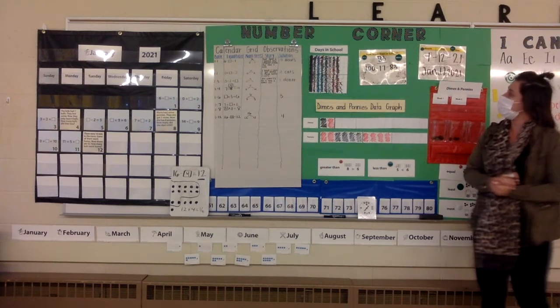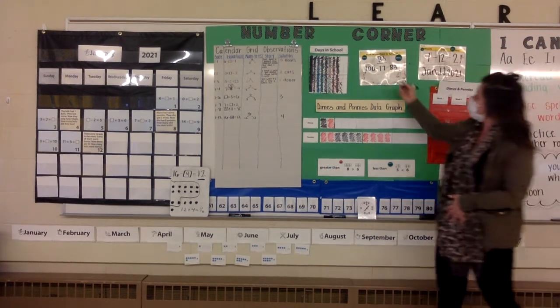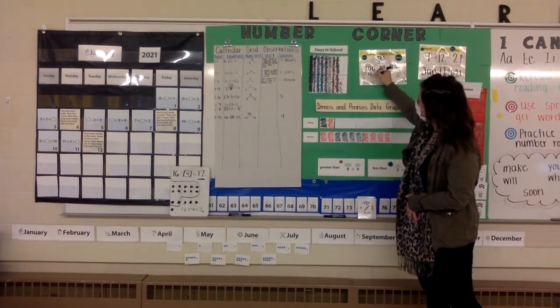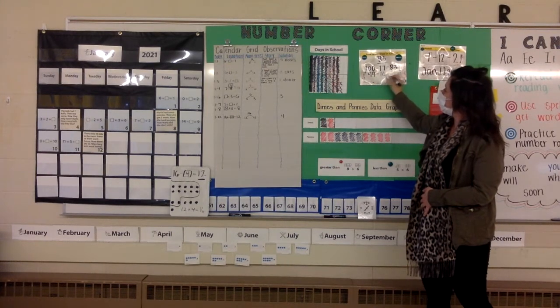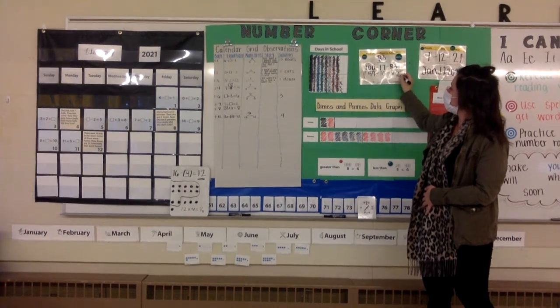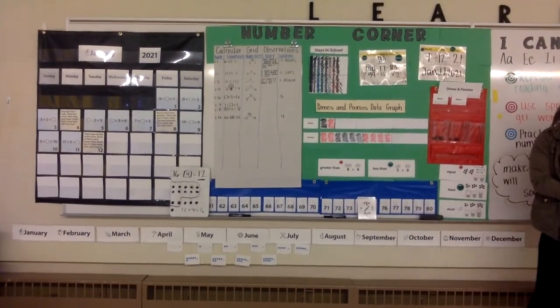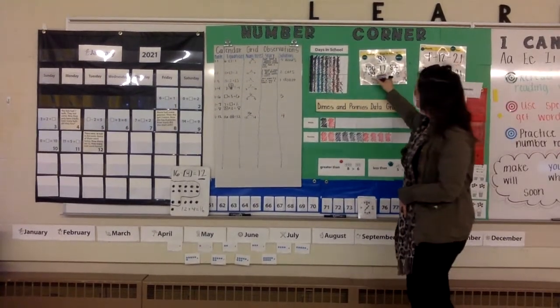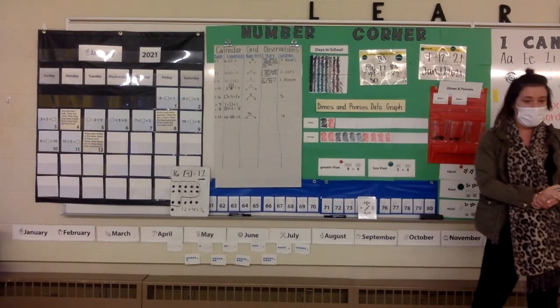Kendall, what about you? What do you think? What did you do? I did 99 take away 16 equals 83. Who has something else? What about if we use the number 50? What could we do?